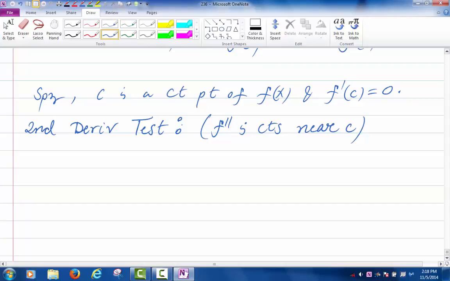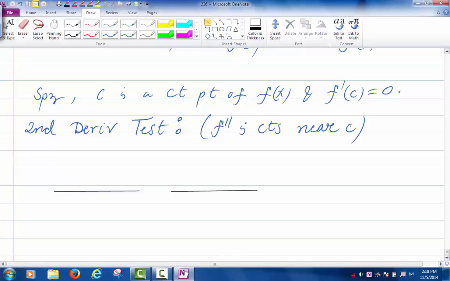how does the tangent line look like at c? You would agree that it's a horizontal line, right? The tangent line at c will be a horizontal line. Would you agree with that?